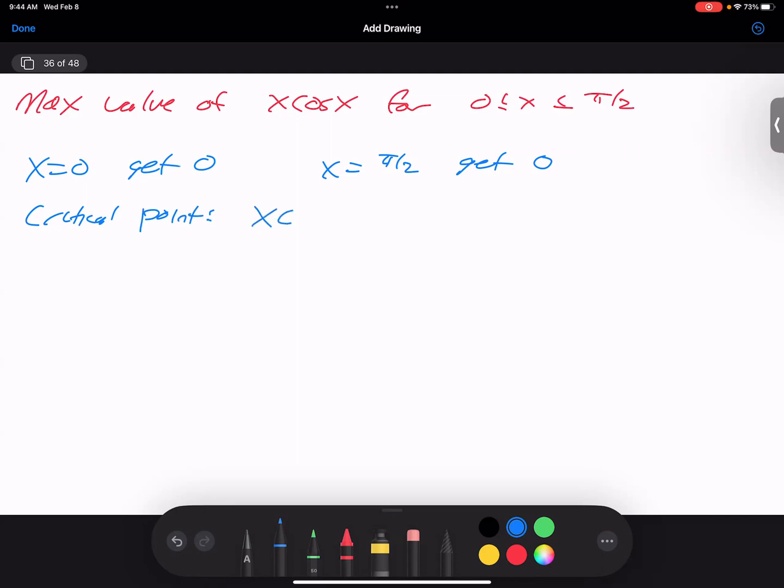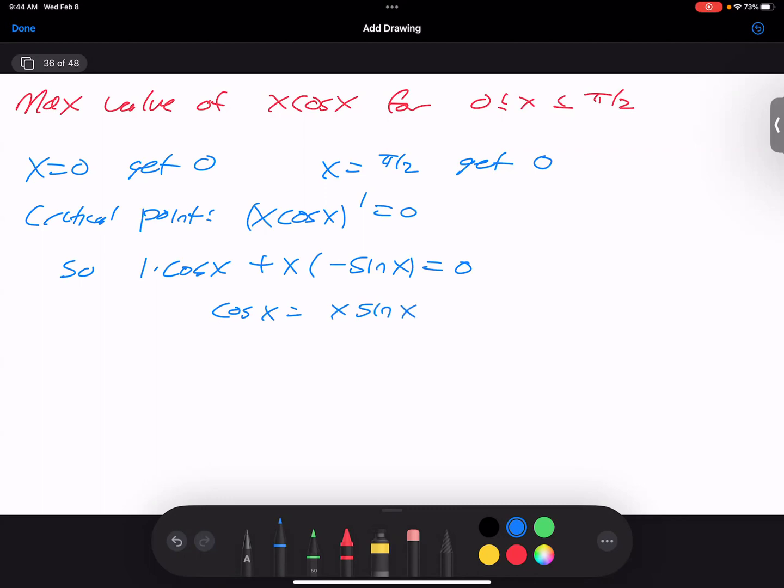We need the derivative of x cosine of x to equal 0. So what's the derivative? It's going to be 1 times cosine of x plus x times the derivative of cosine, which is minus sine of x, equals 0. Okay, so that's cosine of x is equal to x sine of x.